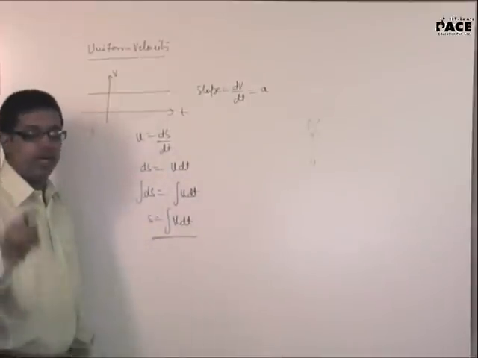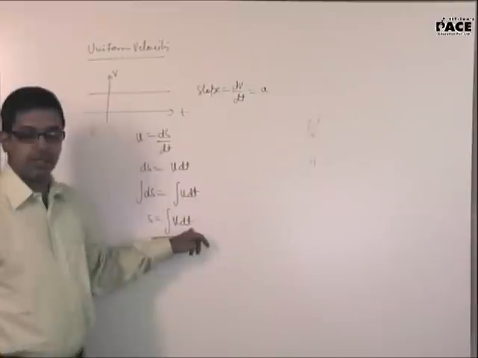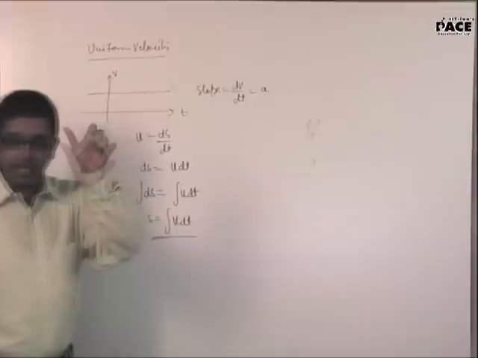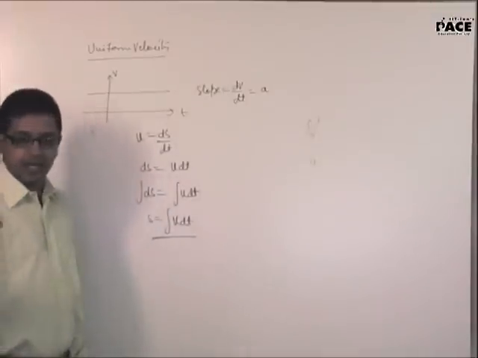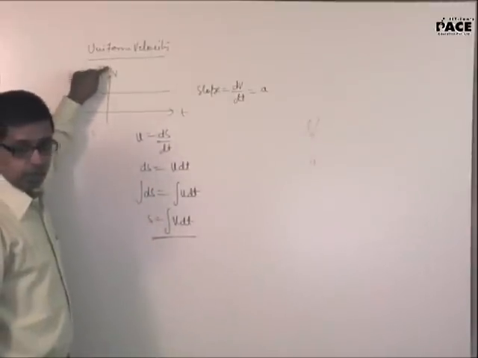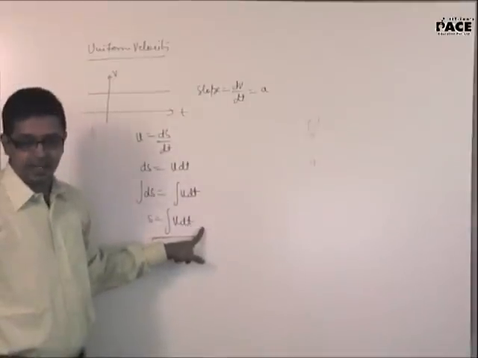Now you were told while dealing with integration that if you integrate f(x) dx, you will get the area under the curve and above the x-axis. Now f(x) was y and on the y-axis you have got the velocity. So now can I consider this to be f(x), this to be dx?